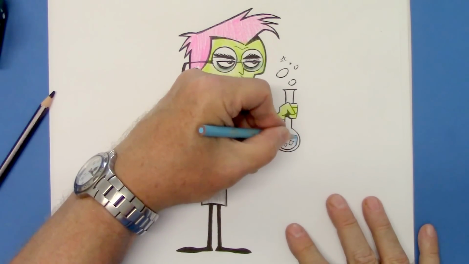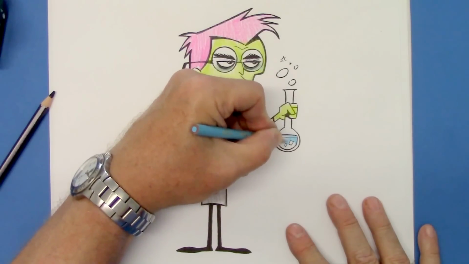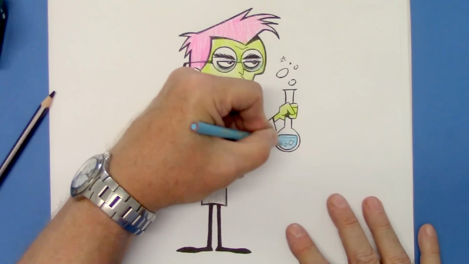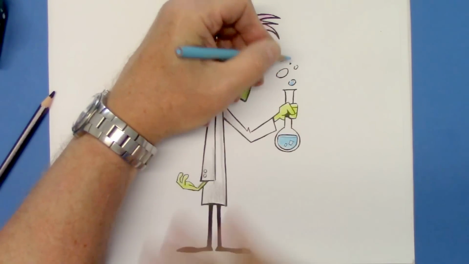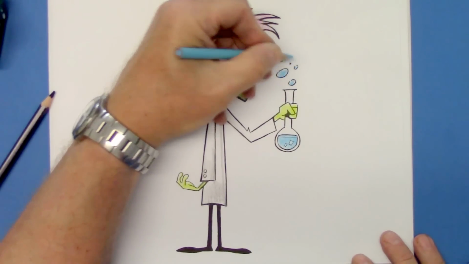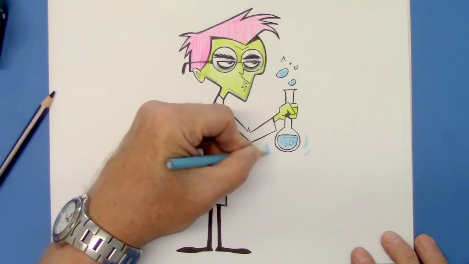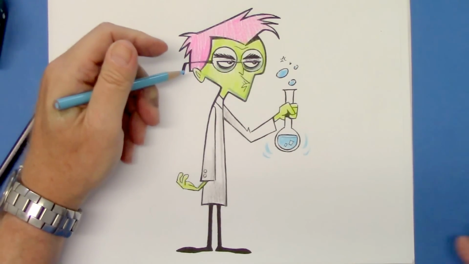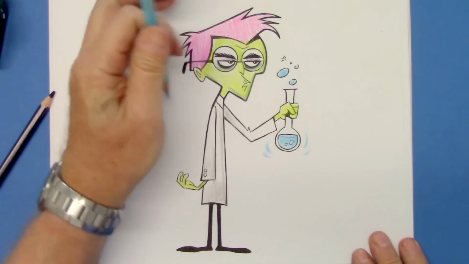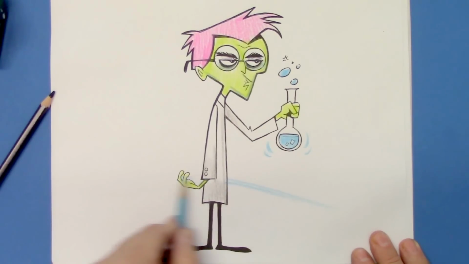Also, we don't want to make the color of the liquid orange or yellow because it could look like lemon juice or orange juice. We want it to look like something no one has seen. It's obviously something nobody should partake in, so we're going to make it blue. There aren't many blue colored drinks. And I'm going to add a little bit of a line behind him.